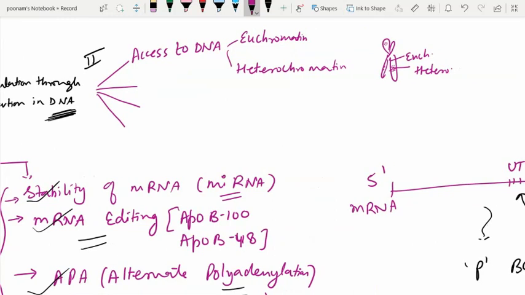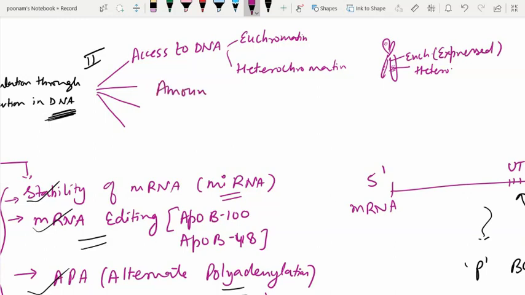But in euchromatin, which is loosely packed DNA, the accessibility of the transcription factors to control elements of the gene is easy, and so genes are easily expressed. So the areas of DNA packed in the euchromatin or heterochromatin regions decide the level of gene expression.